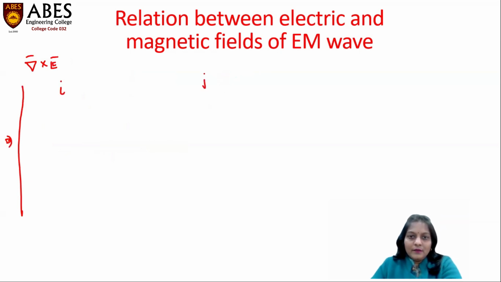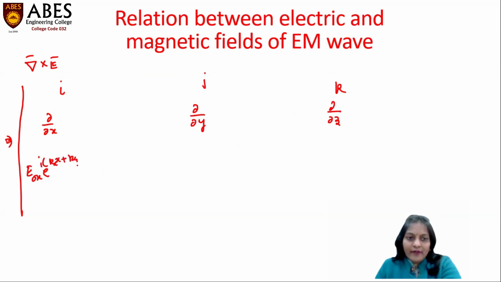i, j, k. And the del operator has components del over del x, del over del y, del over del z. And E has components E naught x e raised to the power i(kx x + ky y + kz z − ωt).